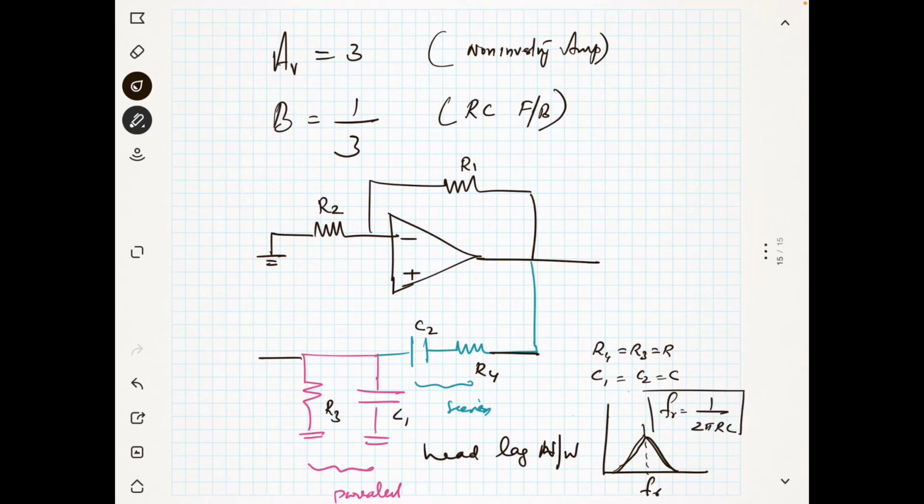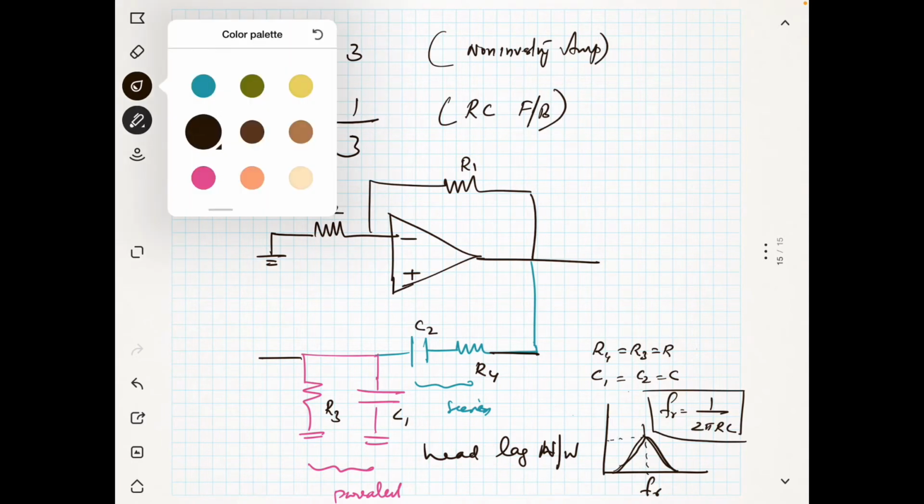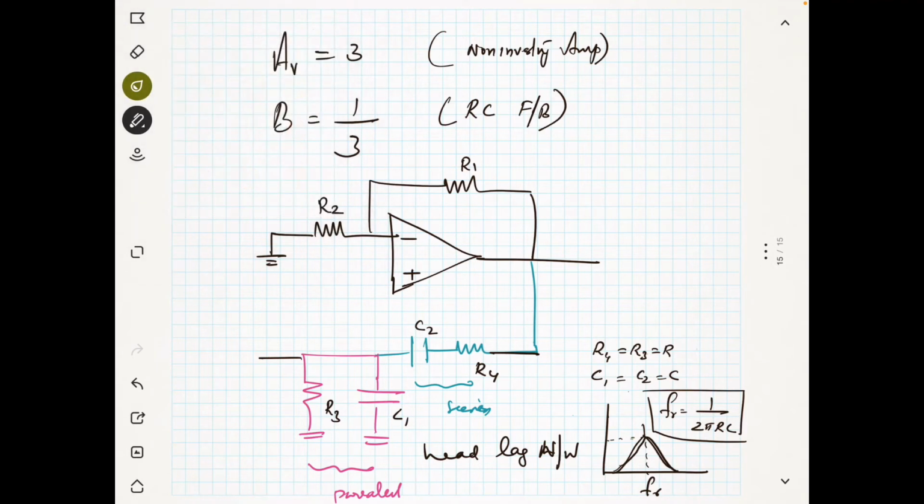This is the formula for the resonant frequency. At the resonant frequency you will get the oscillation, and the gain at this resonant frequency is actually the attenuation, which is 1 by 3. So, this is your feedback network now.